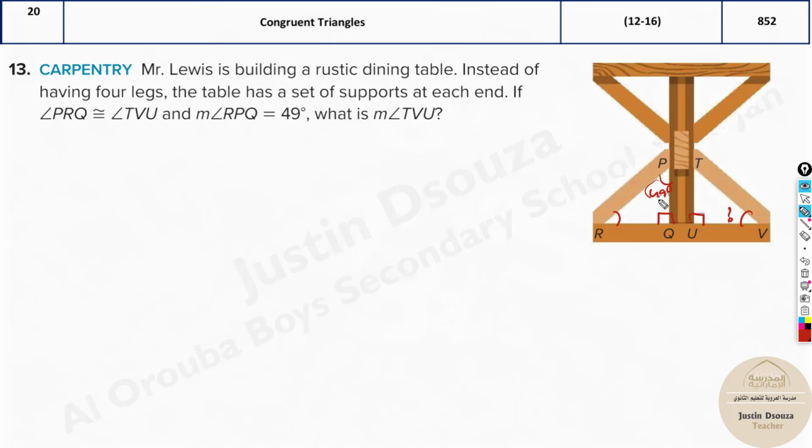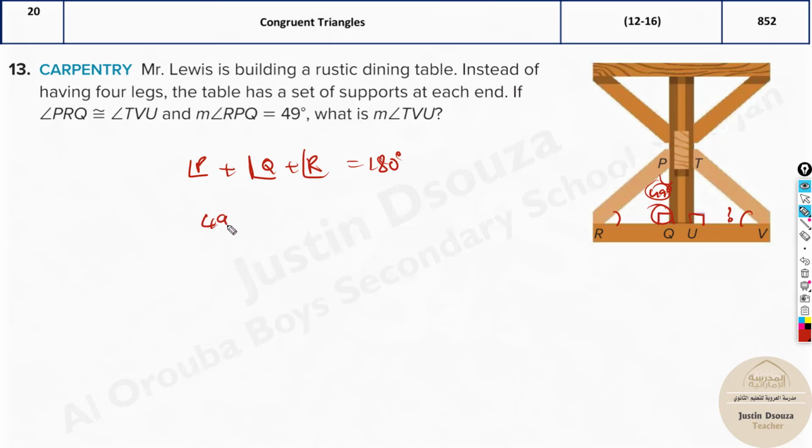Now then, how do we solve this? Let's focus on the left side triangle, because we can easily find 49, 90, and this can be found out, right? So I'll write in short forms, angle P plus angle Q plus angle R will be equal to 180 degrees. Why? Because the total angle of a triangle is 180 degrees. And now only R is unknown. Let's substitute all that we know.